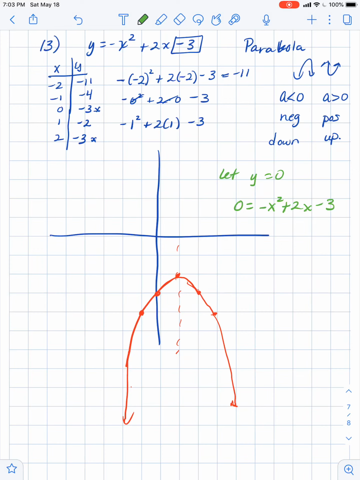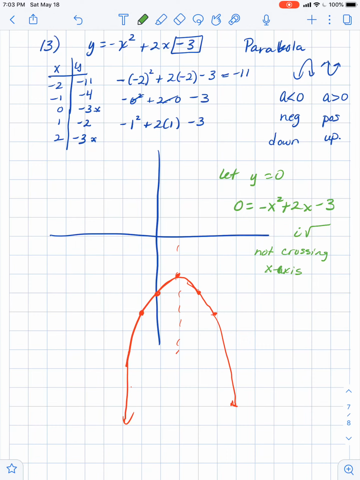Now, what's going to happen on this one, because I'm looking at my graph, is that it is not going to cross the x-axis. So if you run the quadratic, you're going to get imaginary numbers. And when you get imaginary numbers, it simply is telling you that it's not crossing the x-axis. And if it doesn't cross the x-axis, then basically you're going to have to do a t-table anyway.